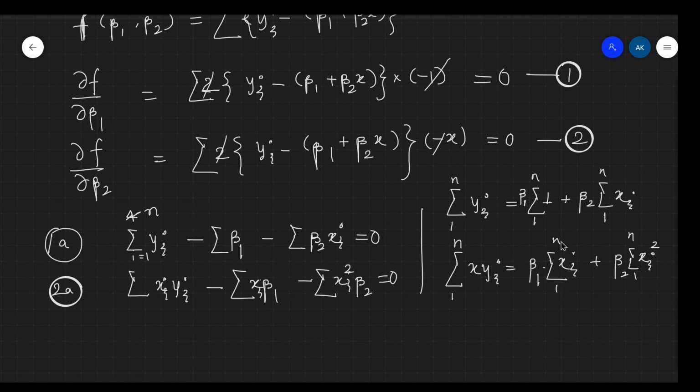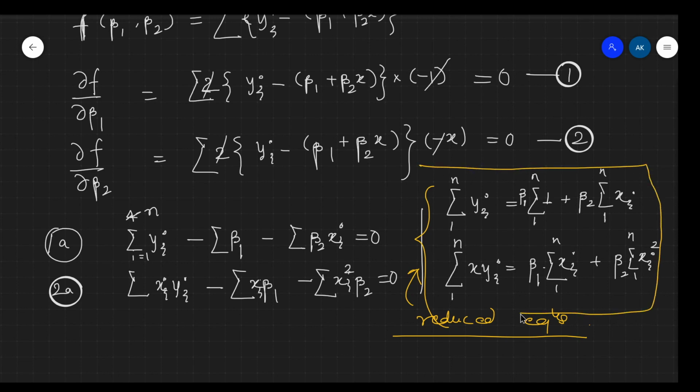Okay, now these two equations are called reduced equations, and in all our further problems we will be using these two reduced equations.